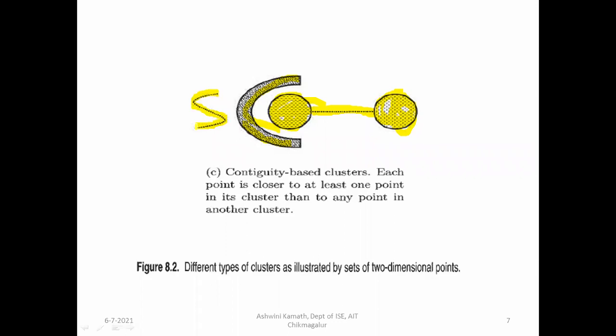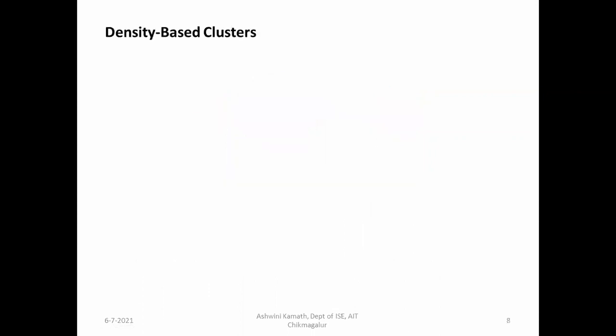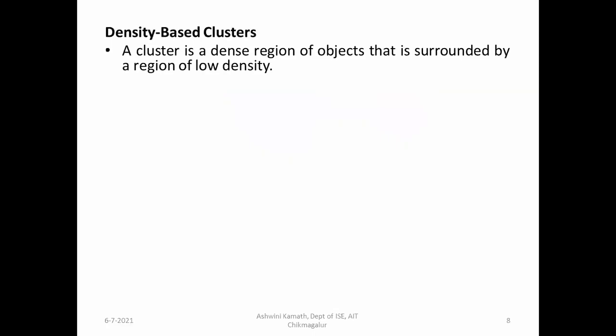Graph-based cluster: each point is closer to at least one point in its cluster than to any point in another cluster. Density-based cluster: a cluster is a dense region of objects that is surrounded by a region of low density.